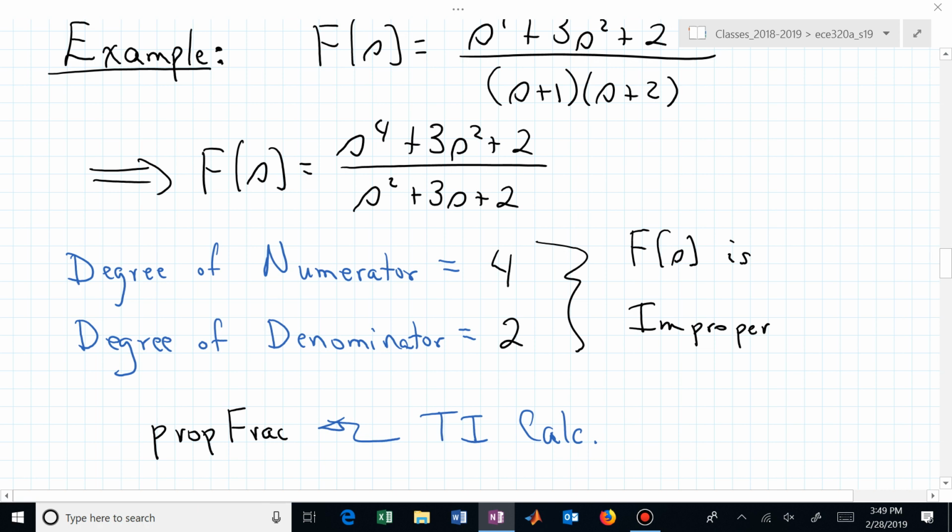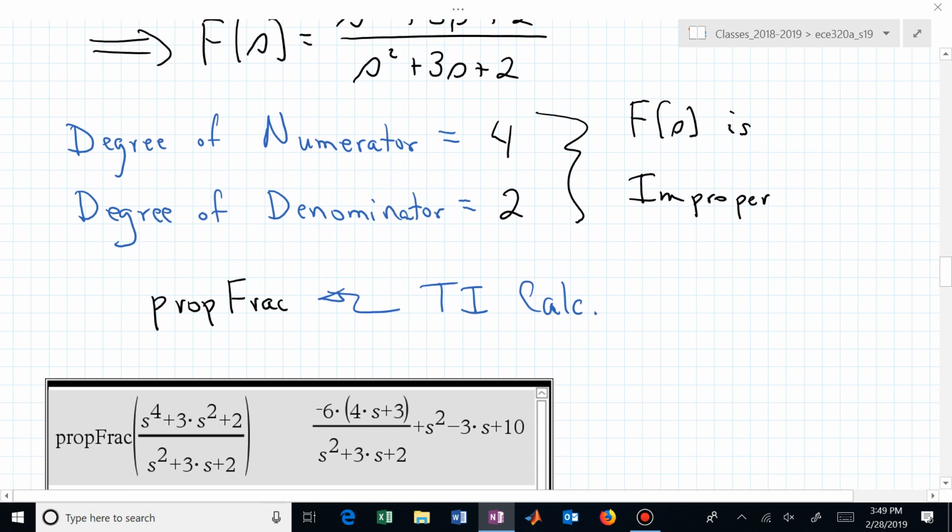You can use this function in some of the TI calculators, your 89 or your Inspire, and you would actually obtain this piece. And now you can see, it may shuffle them around a little bit, but now you see the answer from the long division. You will get an s squared minus 3s plus 10, and now you have a numerator polynomial that has an order of 1 compared to your denominator polynomial that has an order of 2.